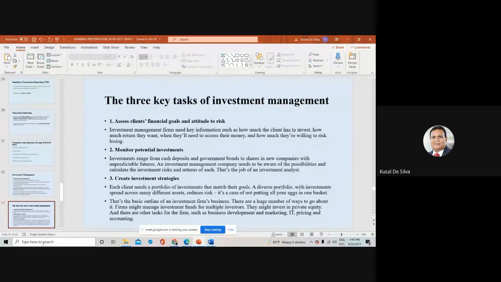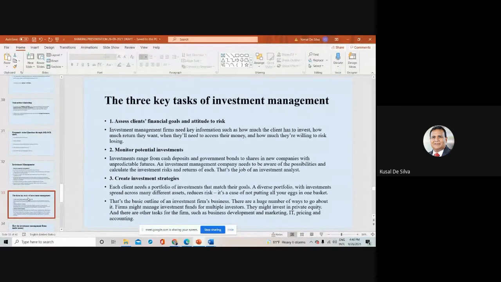So investment management firms need to take all these factors into consideration, government policies, everything into account, and diversify their portfolio to ensure that their clients are not hit due to the impact of a single factor, one sector, or maybe even multiple sectors. It is the professional expectation from them.